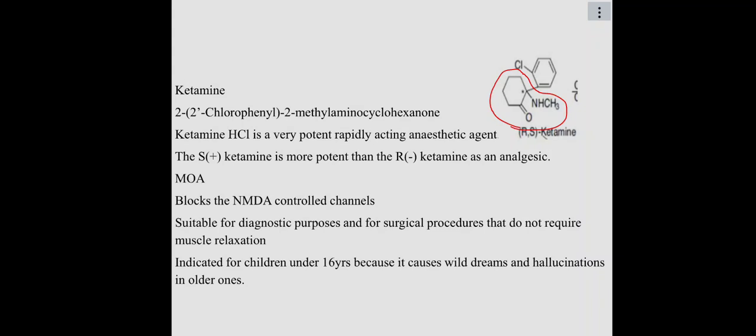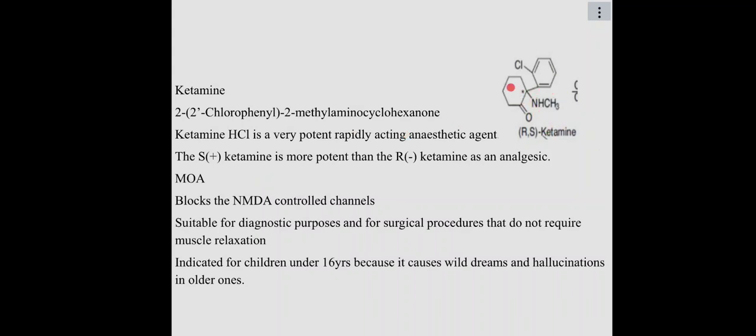The chlorophenyl is our substituent, and our main parent ring is the cyclohexanone ring, which also has a substituent. So that's how that name comes about. And that is, of course, a drug that we call ketamine.